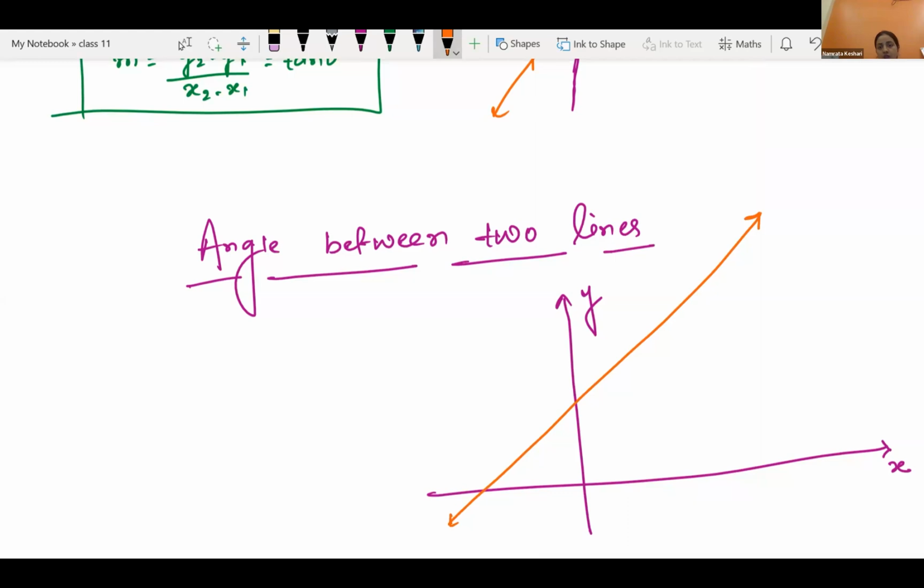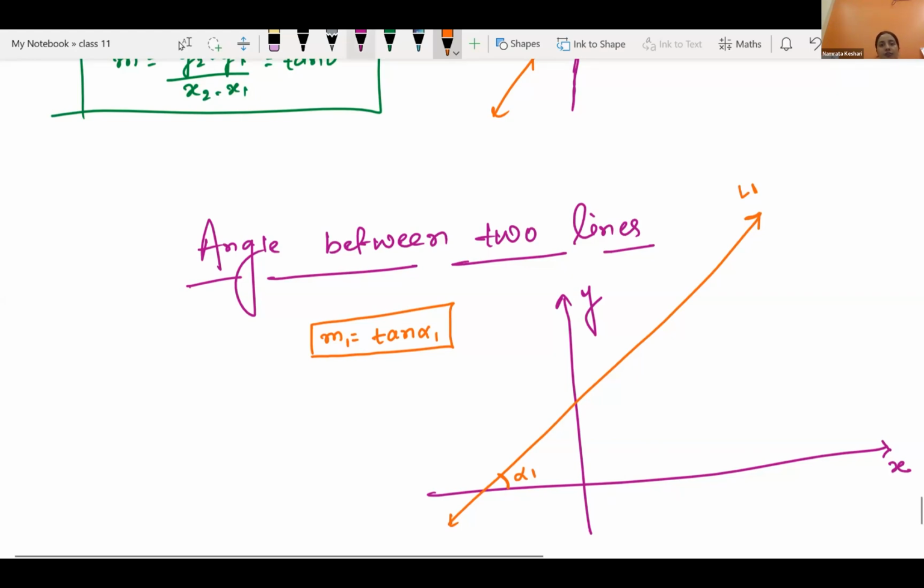Suppose we call it L1, and it makes an angle, let's say alpha 1. Slope can be found with the help of the angle as well. So M1 can be found using alpha 1, that is tan of alpha 1. This is the slope, right? Another formula for slope is M equals tan theta, where theta is the angle with the positive direction of the x-axis.